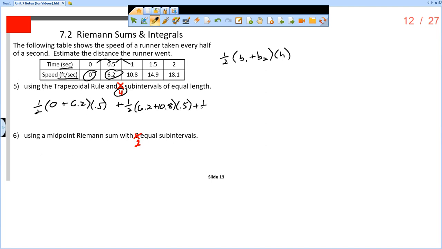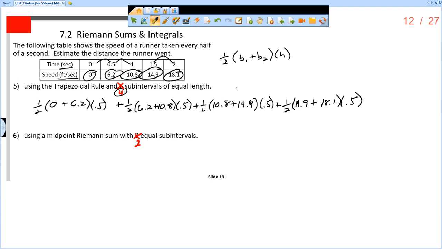The next one, 1/2, now I have 10.8 to 14.9, and then times the width of 0.5. And then lastly, I'm going from 1.5 to 2. So we take 1/2 the height of 14.9, not 14.8, sorry, 14.9 plus 18.1 times a width of 0.5.